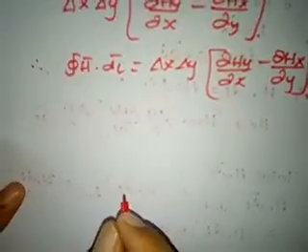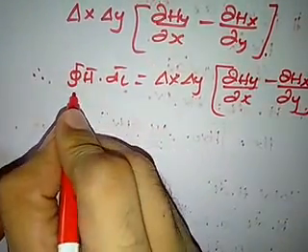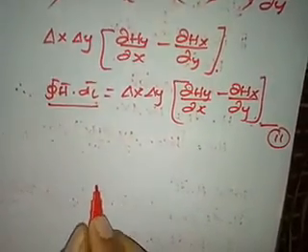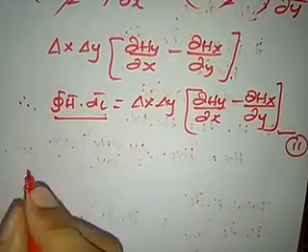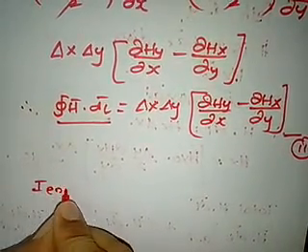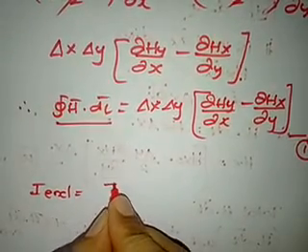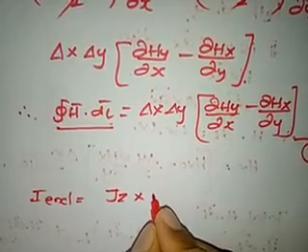Now, according to Ampere's circuital law, what is Ampere's circuital law? The closed integral h bar dot dl bar should be equal to I, it should be equal to the current enclosed. So current enclosed is given by current density normal to the closed path multiplied by the area of the closed path.